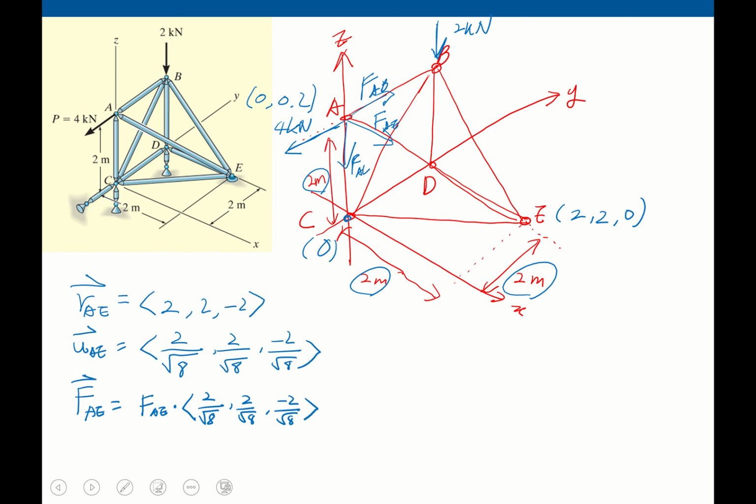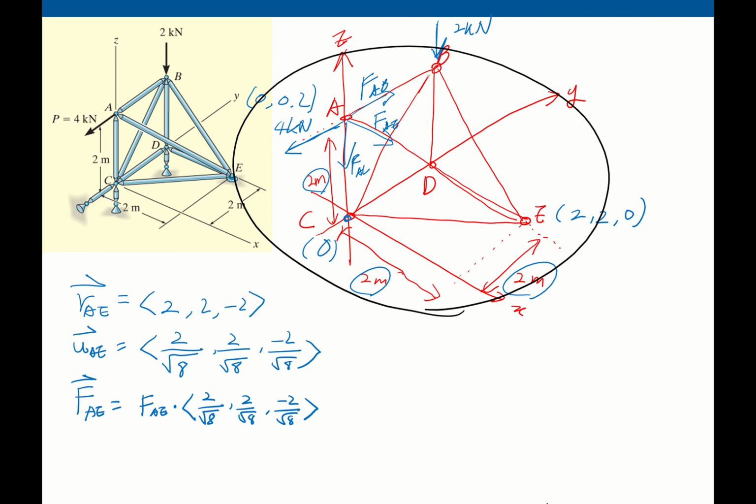Alright, let's solve the problem by applying the equilibrium equations. Like I said, since this entire truss is in equilibrium, we can apply the equilibrium equations: sigma Fx equals 0, sigma Fy equals 0, sigma Fz equals 0.